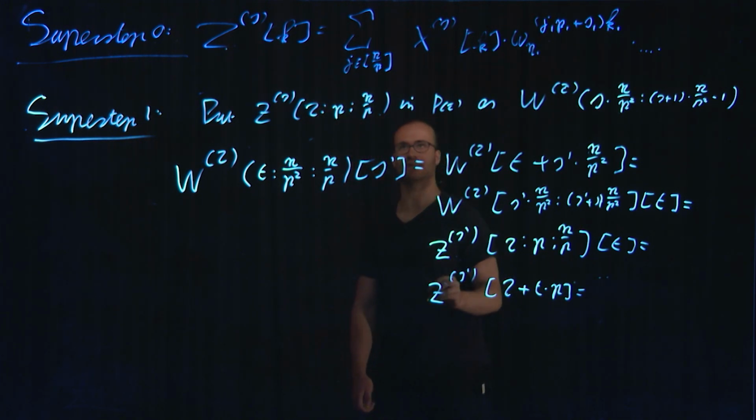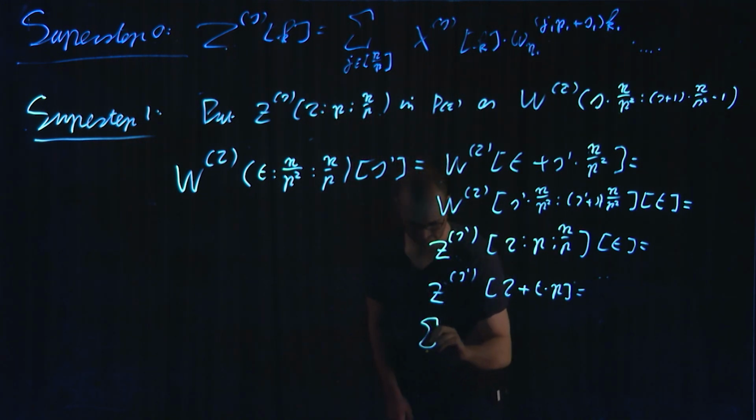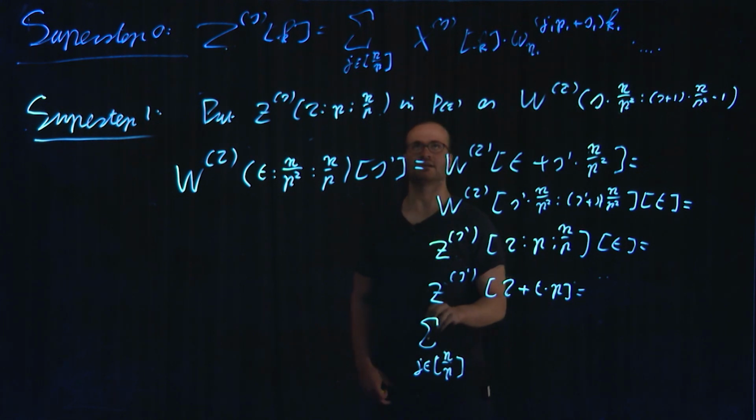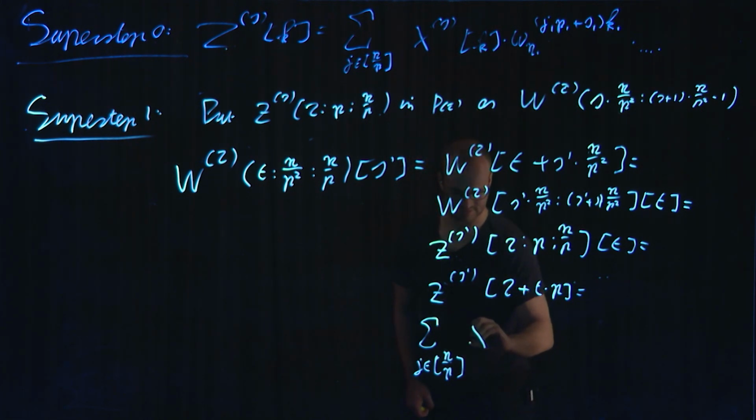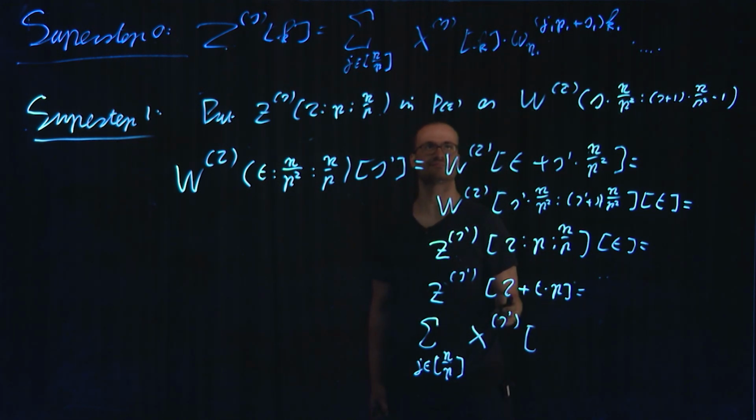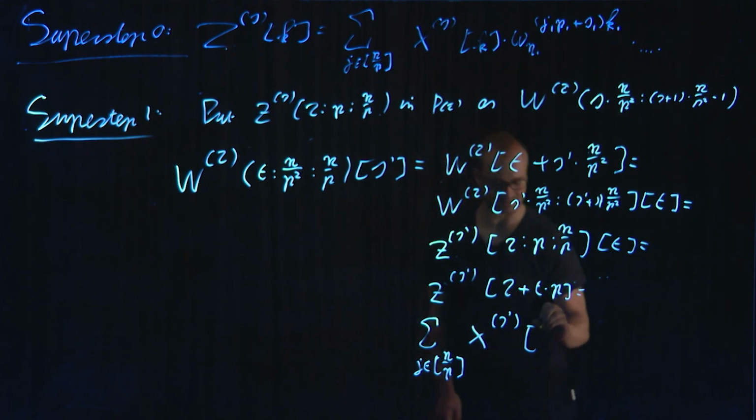And that means we get the sum of j in n over p of x_s prime. And now our index is not k, but r plus t times p.